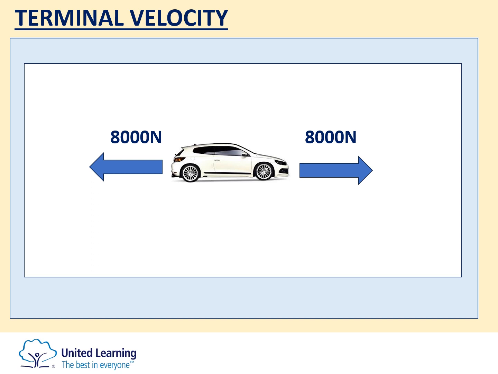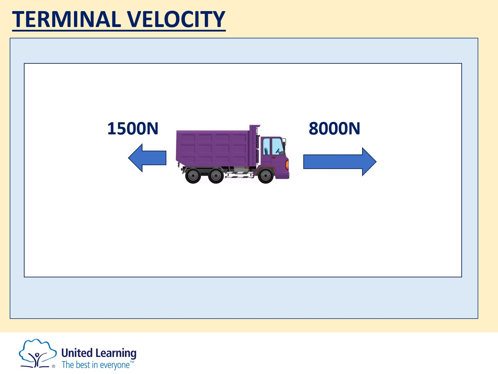Air resistance has a different effect on different shapes. So if we imagine the same size engine now being in a truck, so there you can see still an 8,000 newton force, the truck has a much larger surface area, and so the effect of air resistance on it is much bigger.